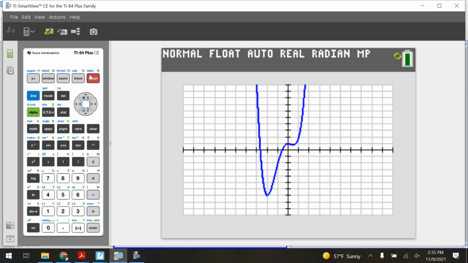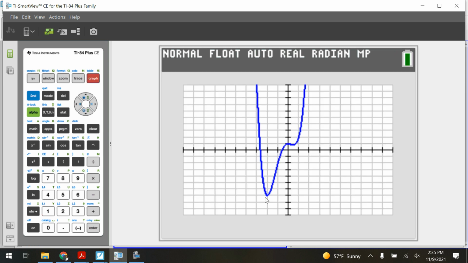And if I just click graph, this is the graph. So you can see that at 0, I have a critical point here. Hopefully you guys can see my cursor here. This is just a little point of inflection, it looks like. So that's not going to be super useful.